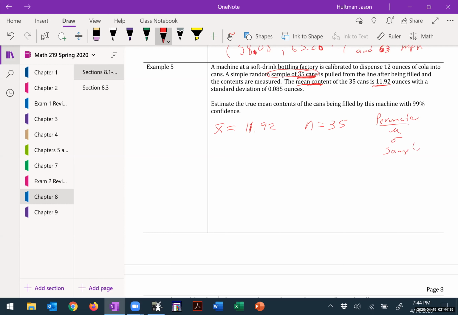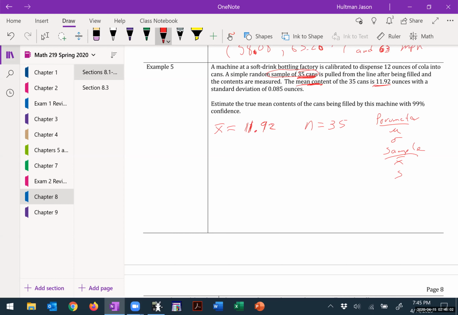Sample is x bar and s. And the x bar comes from our sample. Okay, so we have 11.92. Okay, n is equal to 35.